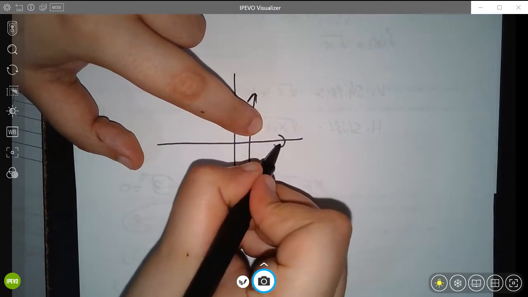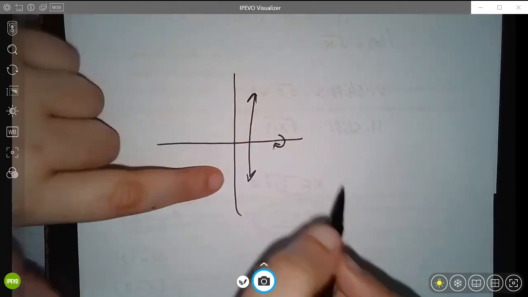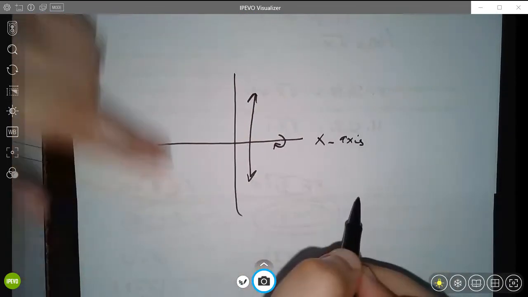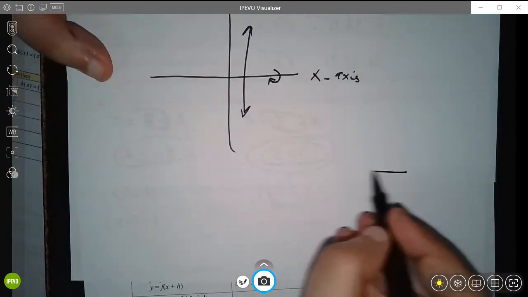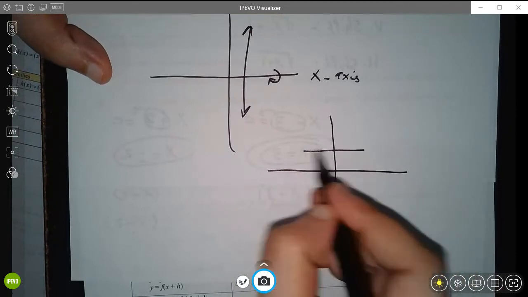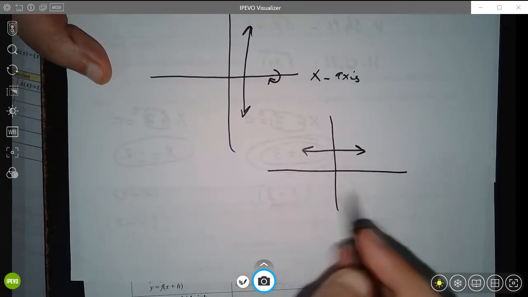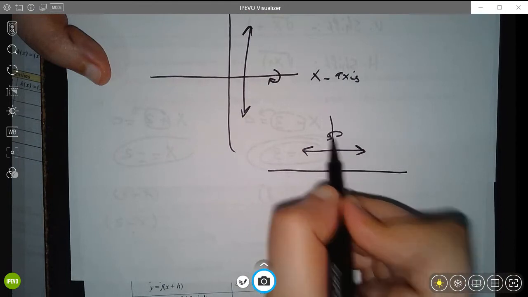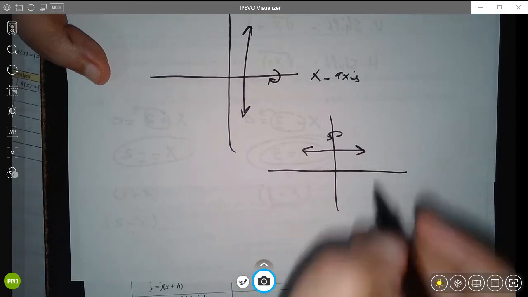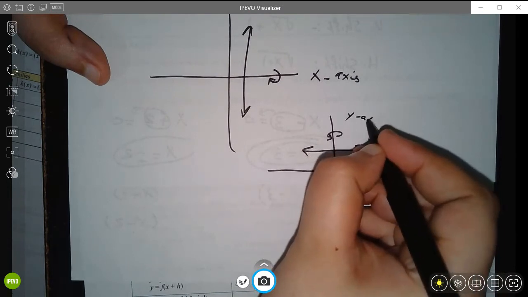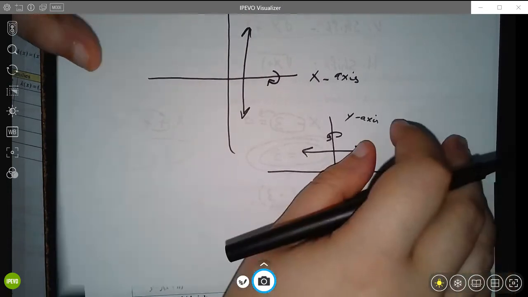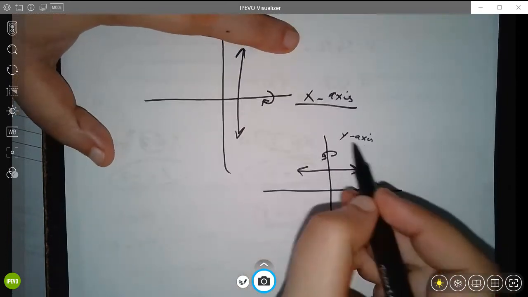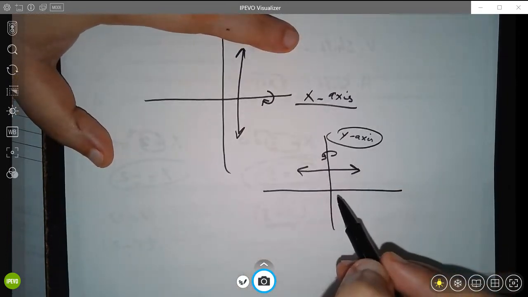So when the reflection is happening vertically, it's going to happen across the x-axis. And when the reflection is happening horizontally, in this manner, it's going to happen across the y-axis. You see that? That's why vertical reflection happens across the x-axis, horizontal reflection happens across the y-axis.